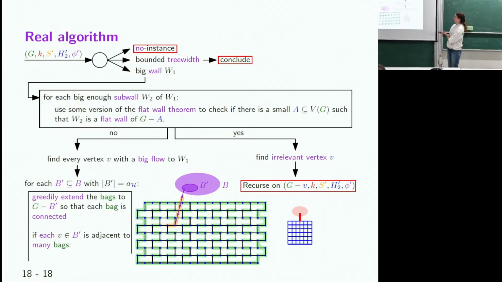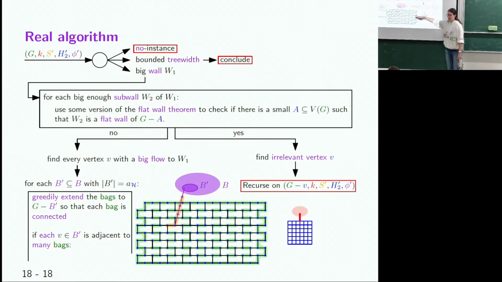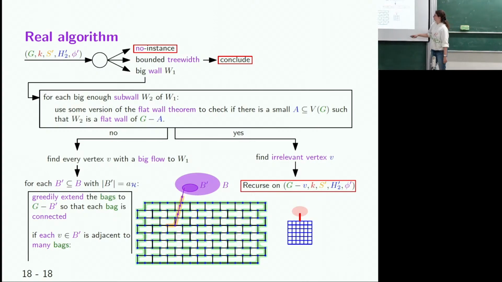Now, if every vertex in B' is adjacent to enough green bags, then I can just contract the green bags and I will find this. Well, maybe some edges will be absent, but you can argue afterwards that you can find what you want.